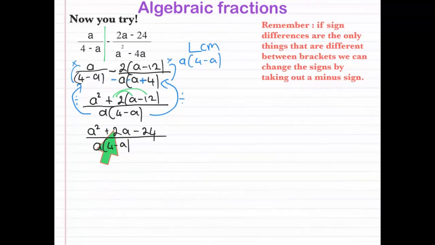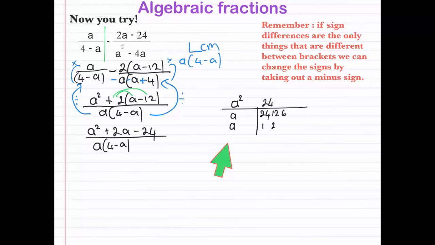Great. And here I can do the trinomial factorization because there's a trinomial there. So let's see if we can. And do you remember how to do it? We open up a box like this. We write here a squared and here 24. The factors of a squared is a and a. 24 and 1, 12 and 2, 6 and 4, 8 and 3, and then we draw a line like this.